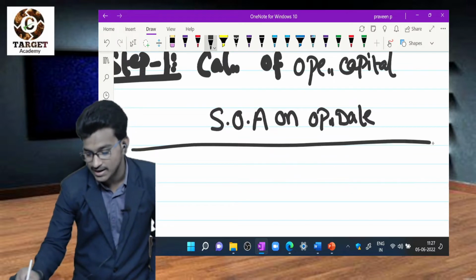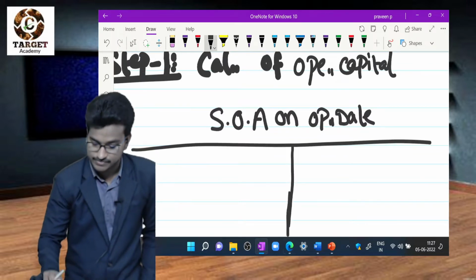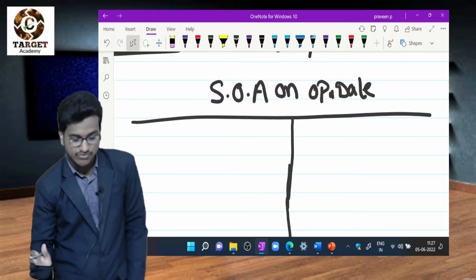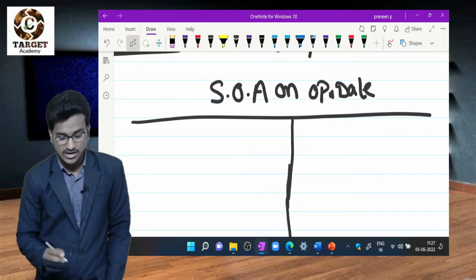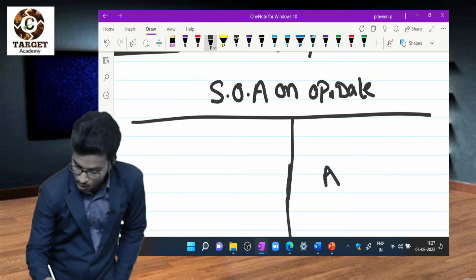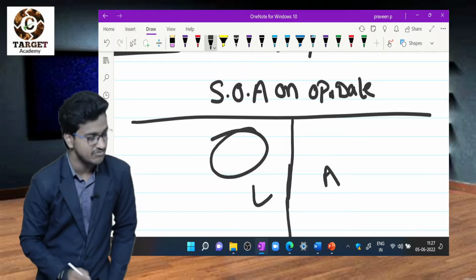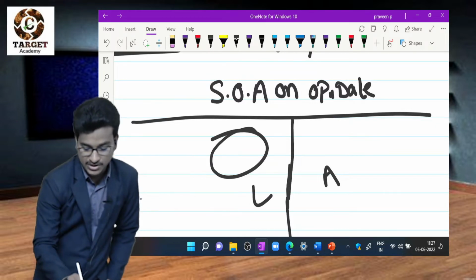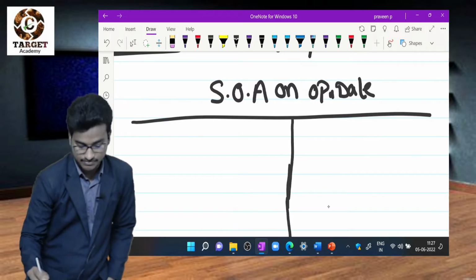This is just like a balance sheet. So tell me opening assets figures, opening liabilities figures. The balancing figure will be opening capital. I think you know this concept from your CMA foundation level.